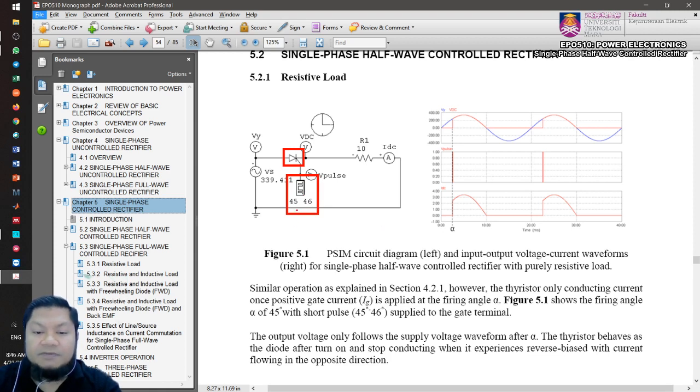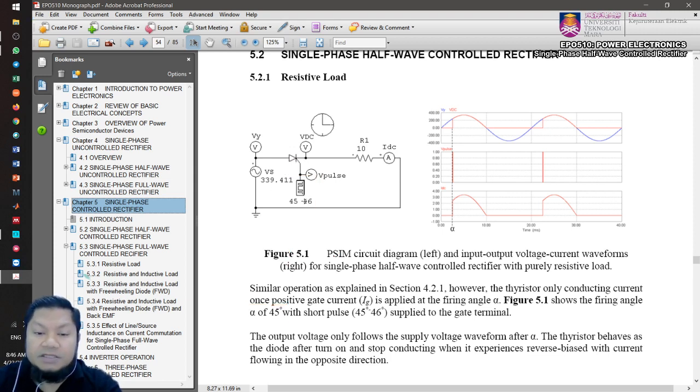So what is this 45, 46? 45 actually defines the alpha angle, right? Alpha is the firing angle, or sometimes we call this the triggering angle. You trigger the thyristor, you instruct the thyristor to be turned on. Okay, so for example, in this example, we have alpha equals 45 degrees.